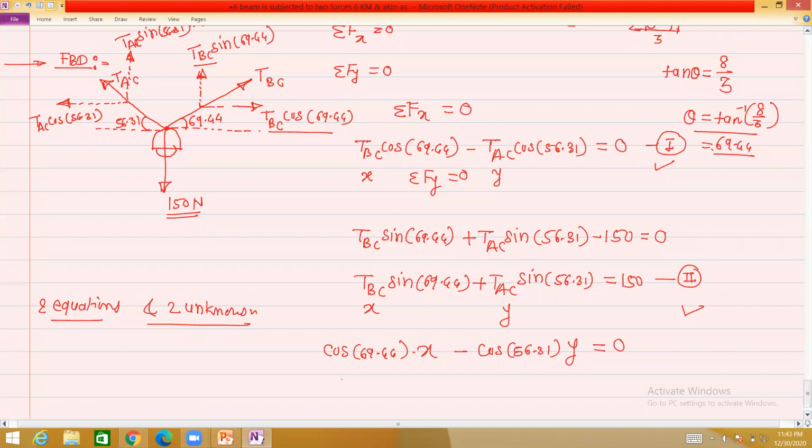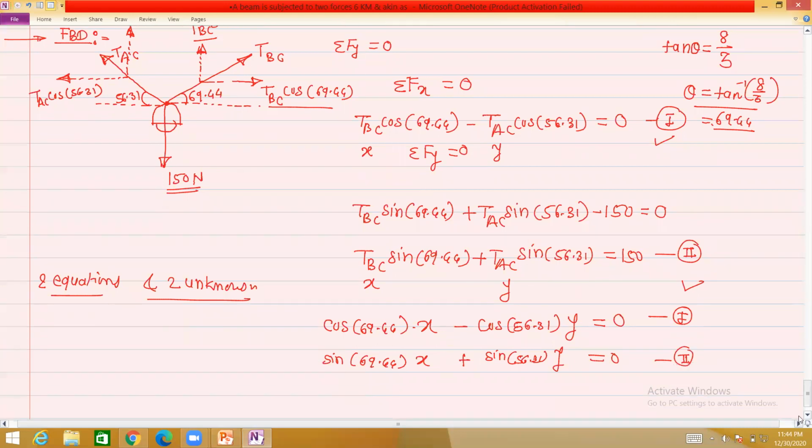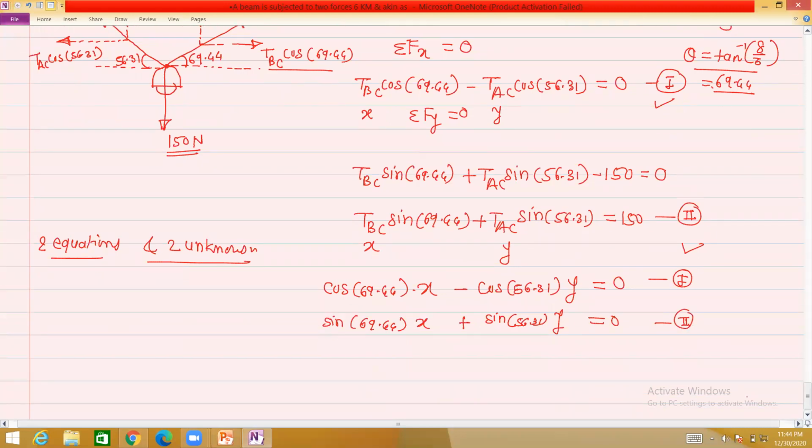And the second equation will be sine 69.44 x plus sine 56.31 into y, equal to 150. So this is your equation 1 and this is equation 2. You can solve this as a simultaneous equation and get the value of x and y. So x and y means what? It is tension BC and tension AC.